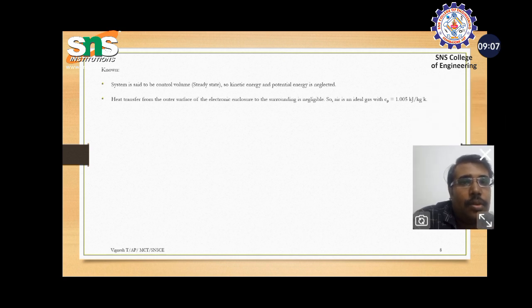Okay, so write down that energy equation. The system is a control volume, so kinetic energy and potential energy are neglected here, and the heat transfer from the outer surface of the electronic enclosure to the surroundings is negligible, because we are pulling the heat from a computer and sending it to the environment, so there is no heat transfer from the surroundings to the system. The heat transfer takes place from the system to the surroundings, not the surroundings to the system.